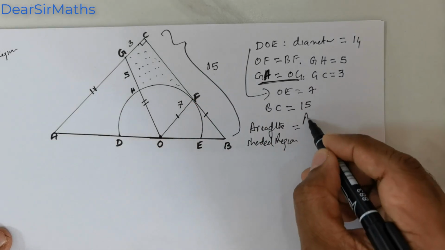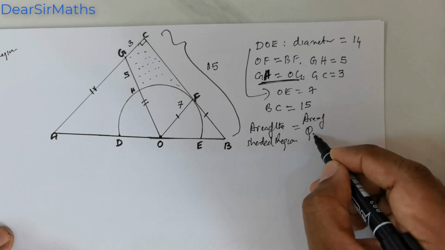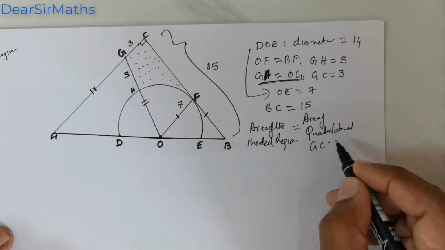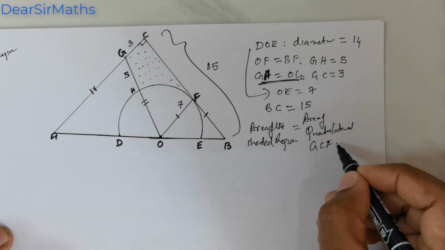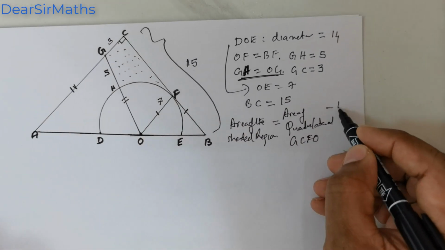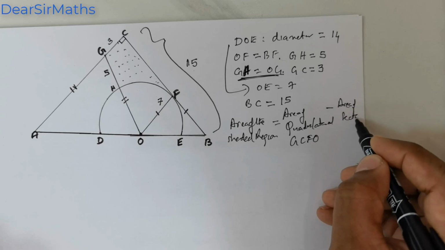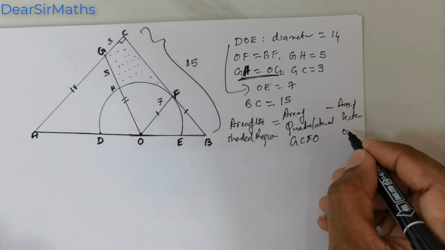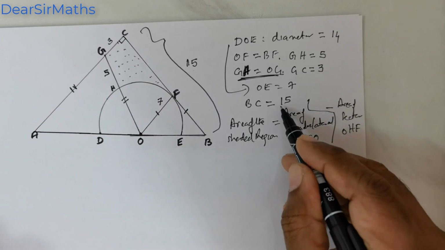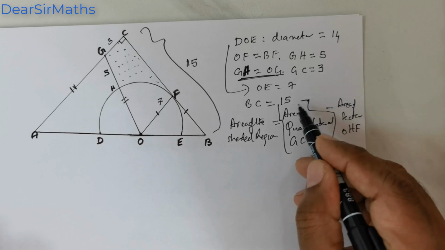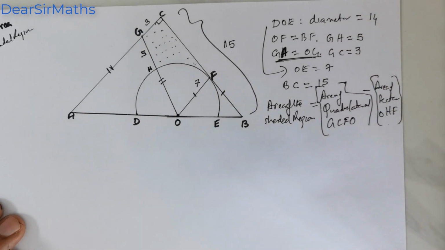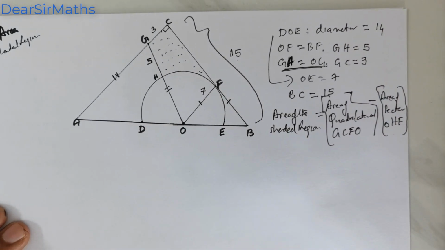GCFO is nothing but area of quadrilateral GCFO, minus area of the sector. You got a sector here, OHF. So if you can get this, and from this you subtract this, then the solution can be obtained. So I'm just going to show you how to do that.